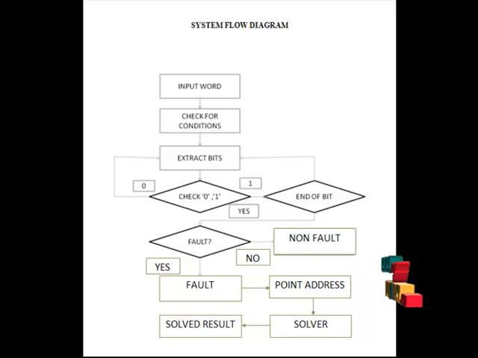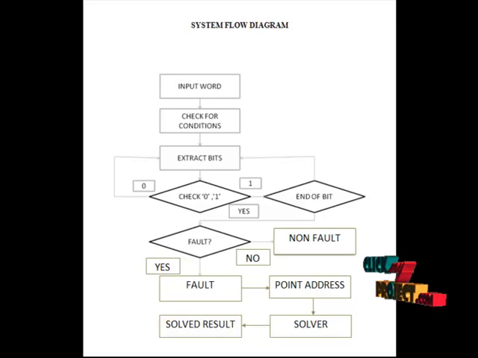If it is set to 0, then it goes to the extraction bit state. Else, if the condition is satisfied to 1, then it checks whether it is the end of the bits or not. If the end of the bits is not reached, then it goes to the extract bits state.